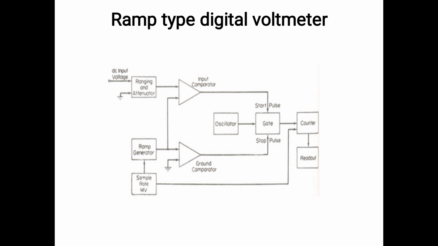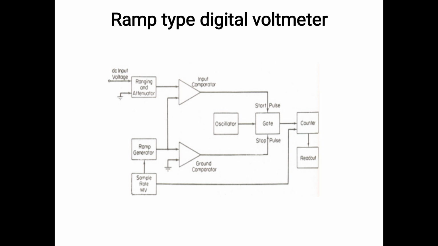It counts until the ground comparator gives a high signal, that is, when the ramp reaches the 0 level. The ground comparator compares the level, so if it is 0 it will produce a high signal.